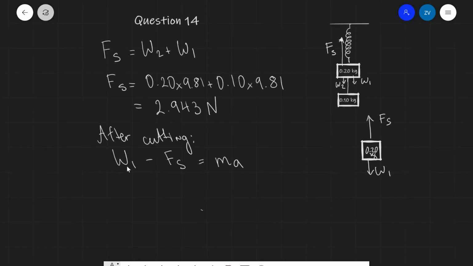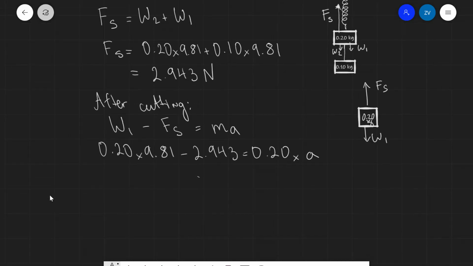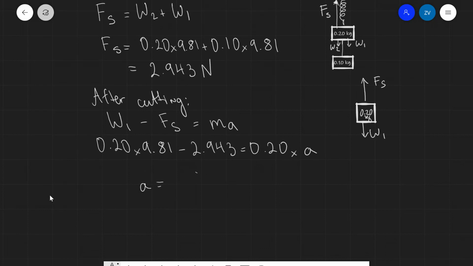So the weight is just equal to 0.2 times g. And we already know the spring force was 2.943, and that's going to equal the mass, which is 0.20, times the acceleration. So we can directly rearrange for the acceleration, which is going to be equal to 0.20 times 9.81, take away 2.943, divided by 0.20.